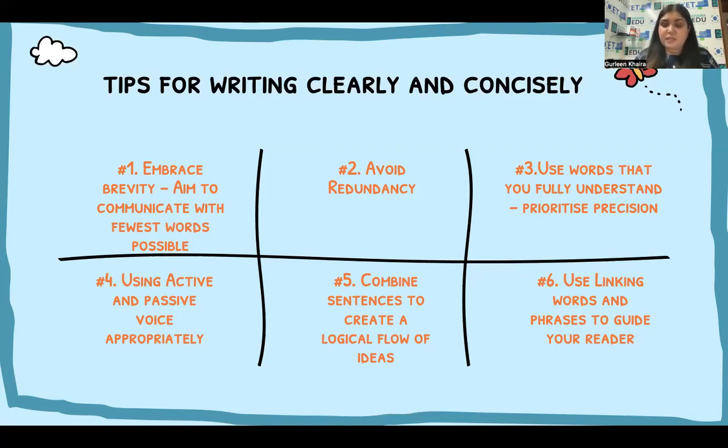So always remember, it is a misconception when students say that use passive voice to sound formal. No, we will understand where active is to be used, where passive is to be used, and then that should decide what is appropriate for the reader.